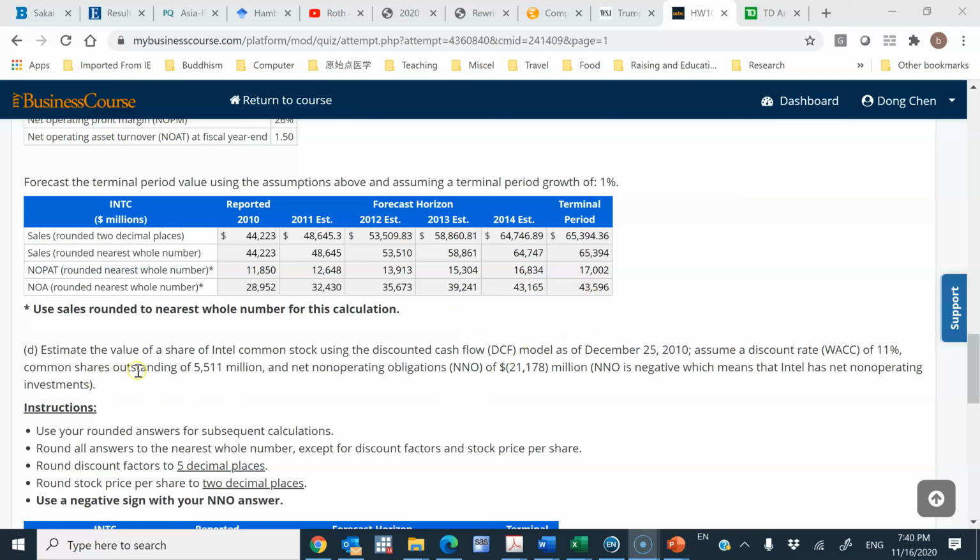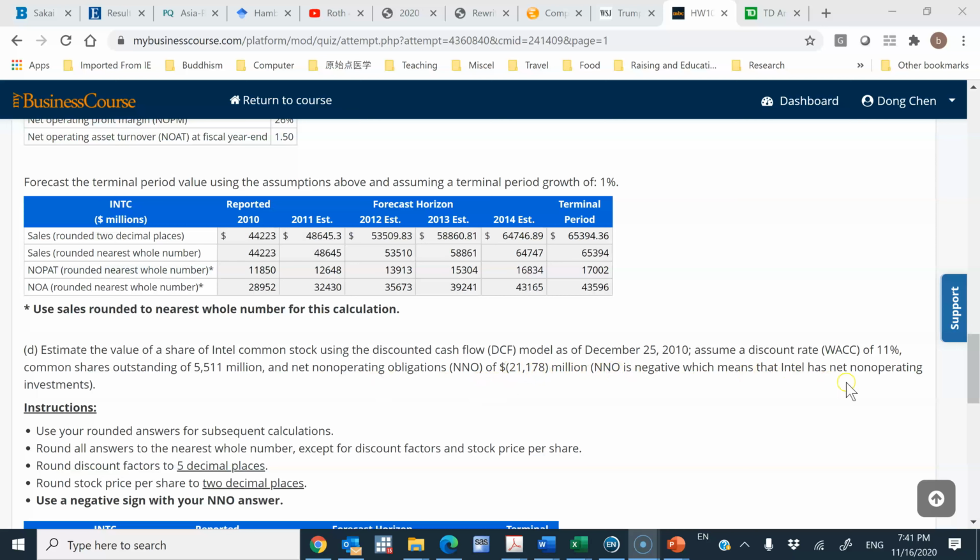So part D, estimate the value of a share of Intel common stock using the discounted cash flow model as of this date. Assume a discount rate of 11%. Common shares outstanding of 5,511 million and net non-operating obligations of negative 21,178.